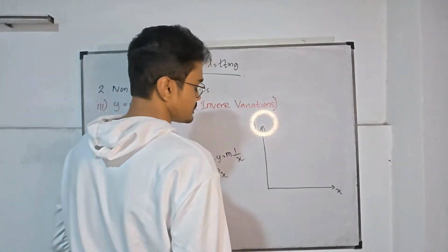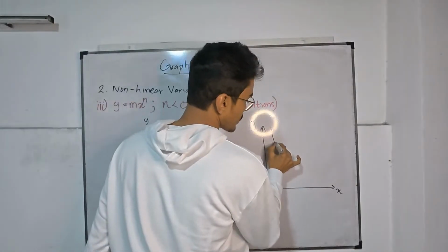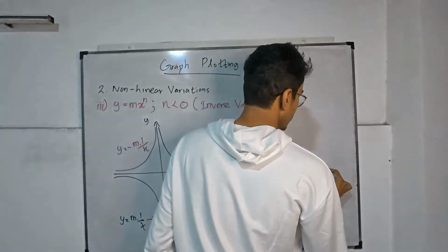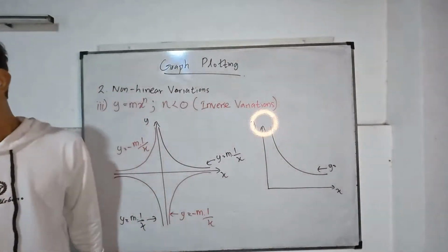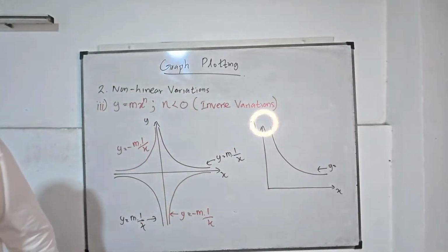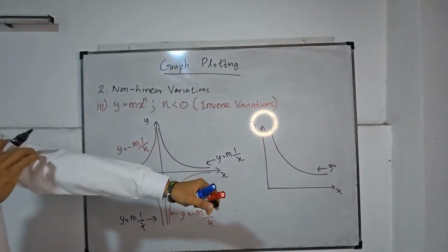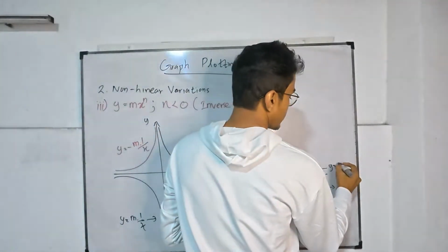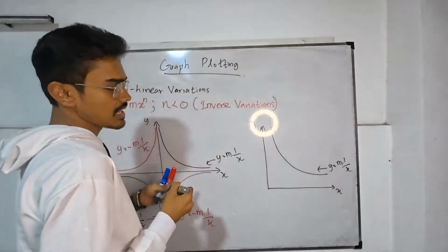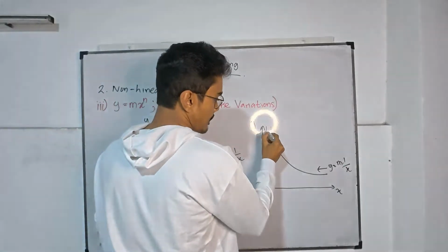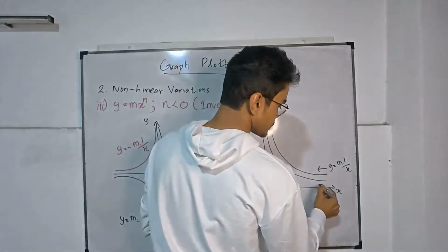Now if I plot y equals, let's say, m over x, if I plot something like m over x, it is like this. And if I plot this one, what is this?